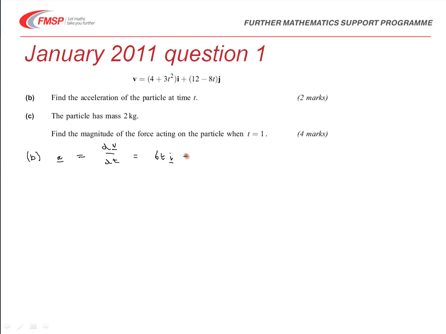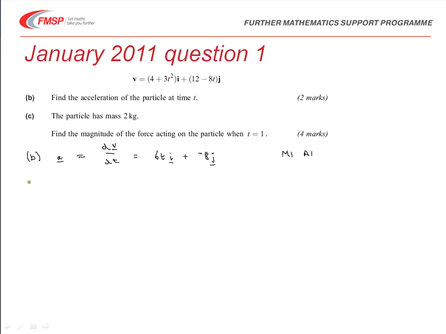And similarly, differentiating the component of j, the 12 minus 8t, will give you minus 8 lots of j. And 2 marks, quite straightforward there: 1 for the method, the fact that you're going to differentiate, and 1 for obtaining the correct answer.